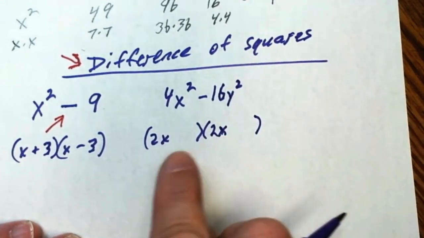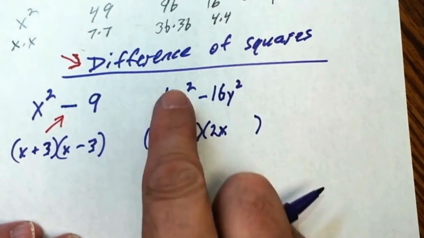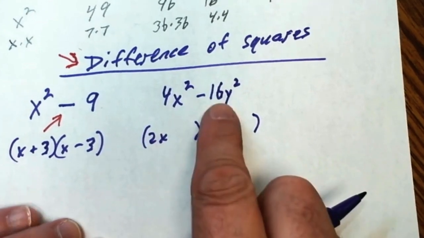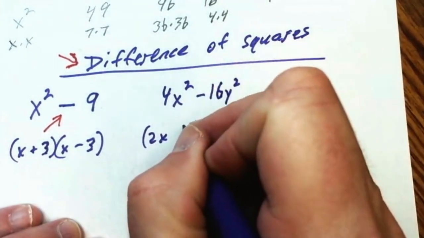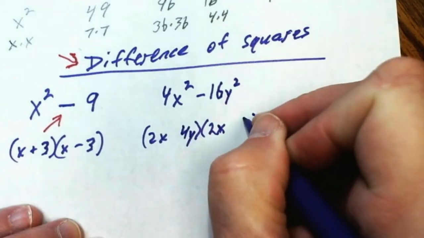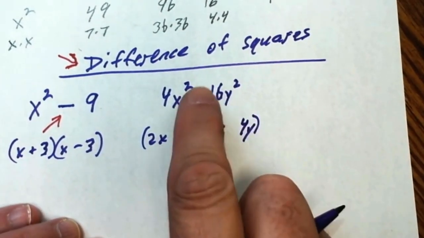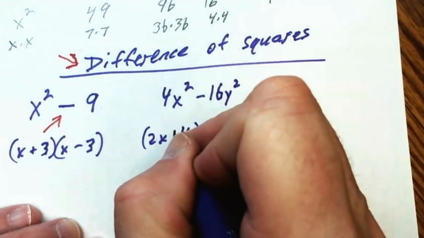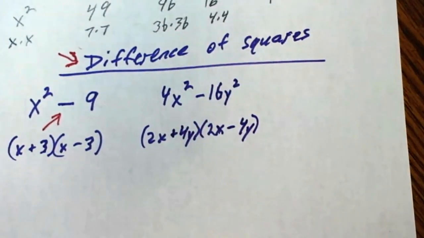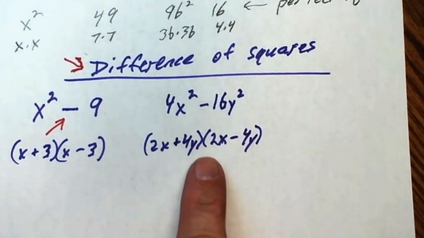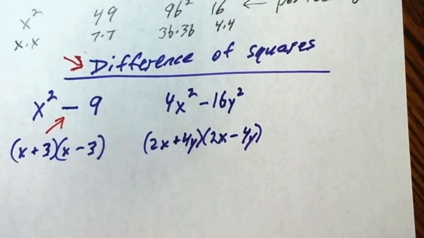Because 2x times 2x is 4x squared. So that's a perfect square because I can multiply the same thing times itself. 16y squared is just 4y. 4y times 4y is 16y squared. And since there's a difference, we know one of these is positive and one's negative. Look, we factored that real easily. It didn't look real easy at the beginning, but it was real easy when we actually did it.